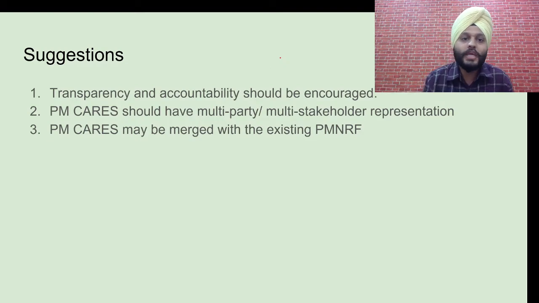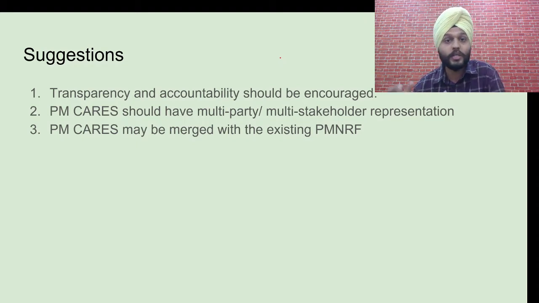Then the PM Cares Fund, as I said earlier, is basically run by the political executive, and the political executive is which party? One single party, right? In the present case, it is the BJP. Why can't there be a much wider representation? Considering the nature of the problem, there is a need for a multi-party representation, where much wider representation is there.